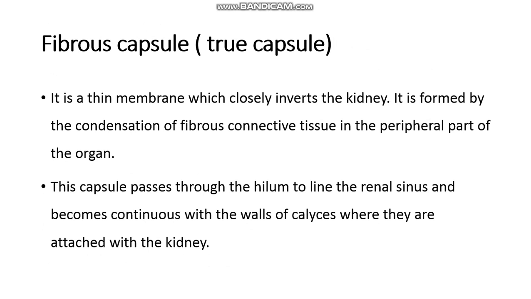It passes through the hilum to line the renal sinus and becomes continuous with the walls of the calyces where they are attached within the kidney. So through the hilum, this fibrous capsule enters into the kidney, lines the renal sinuses, and also continues with the walls of the calyces.